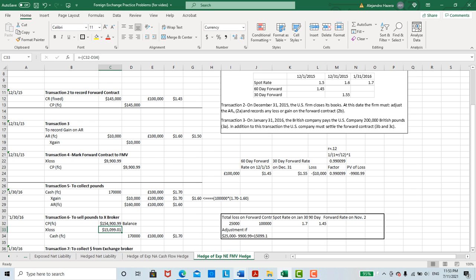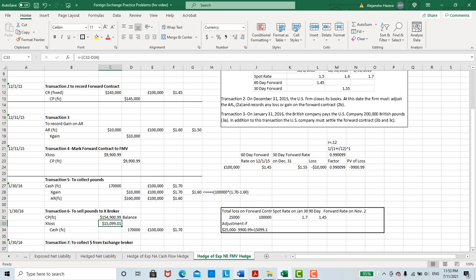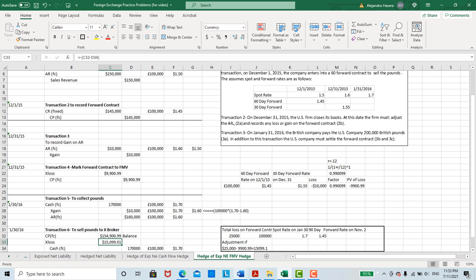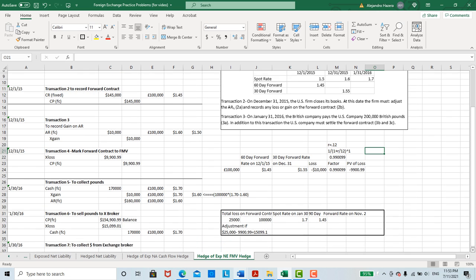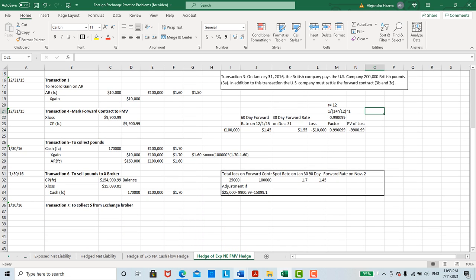So your total loss on the contract payable is 25,000, which makes sense because it's basically what you predicted initially with the market rate of $1.45, and what it actually turned out to be, $1.70. So that's the excess contract payable that you ended up paying. And the final thing you do is look at the cash flow.